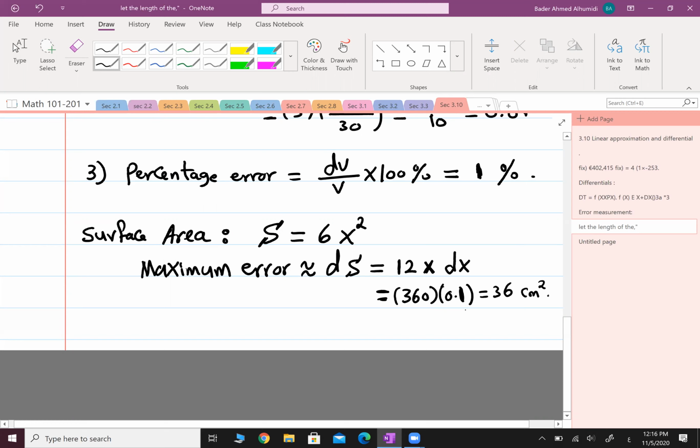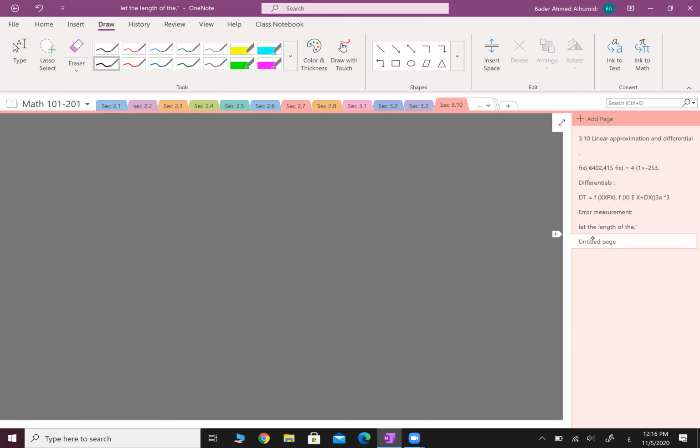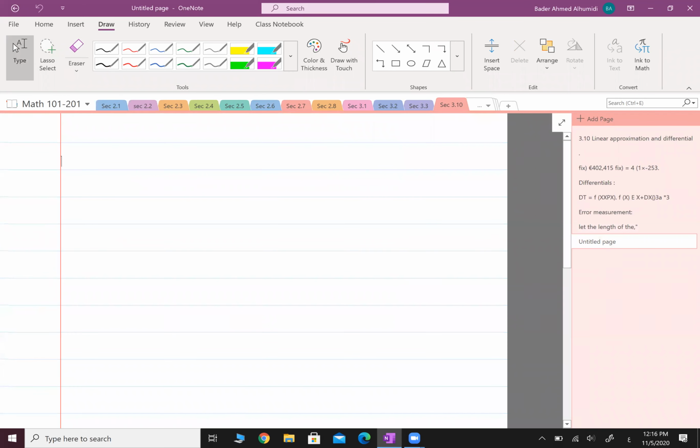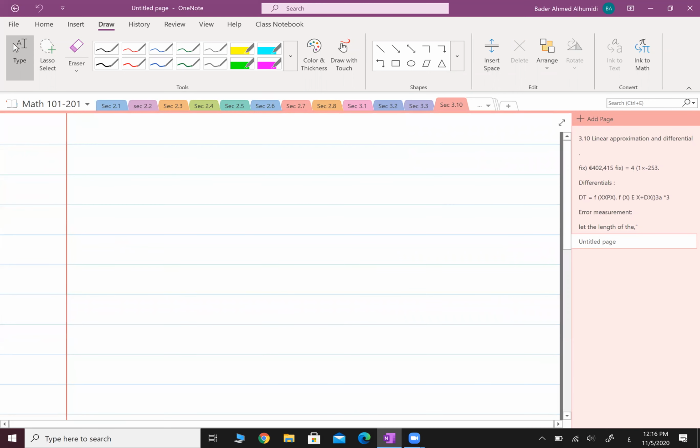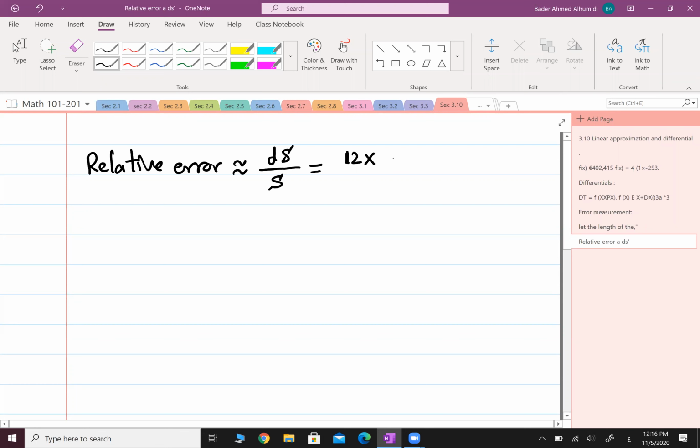Okay, what is the relative error? And what is the relationship between the relative error in the side x and the surface area? Relative error is approximately equal to ds divided by s. ds, s is 6x squared, so that is 12x dx divided by 6x squared.